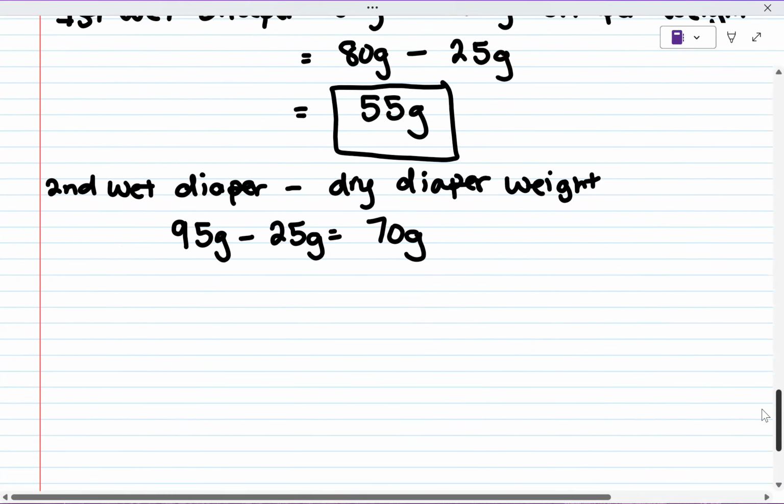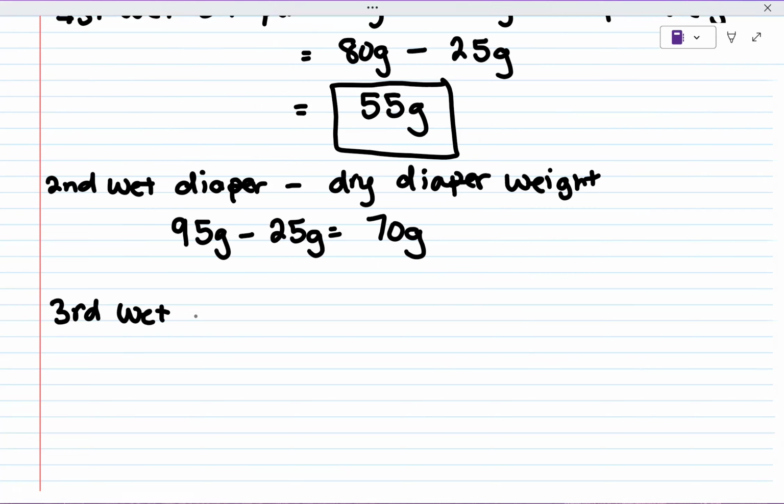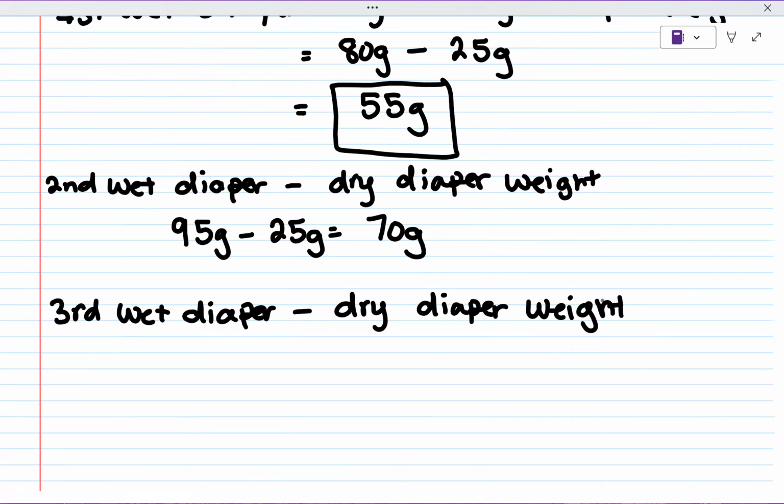And then finally, the third wet diaper minus the dry diaper weight. The third wet diaper weighed 100 grams minus the dry diaper weight, still a constant 25 grams, and that gives you 75 grams.